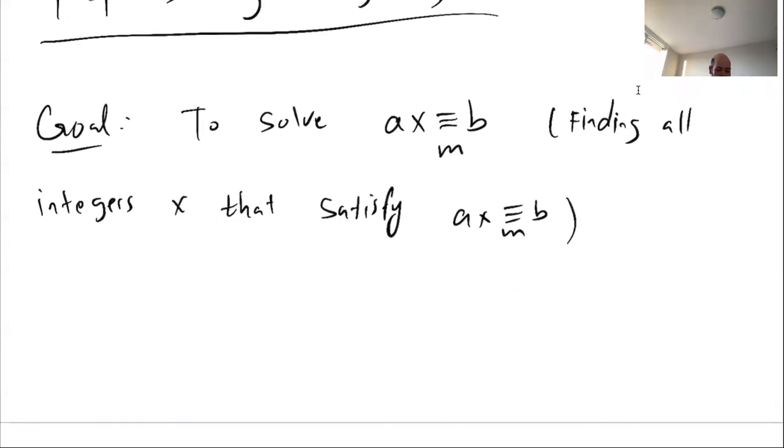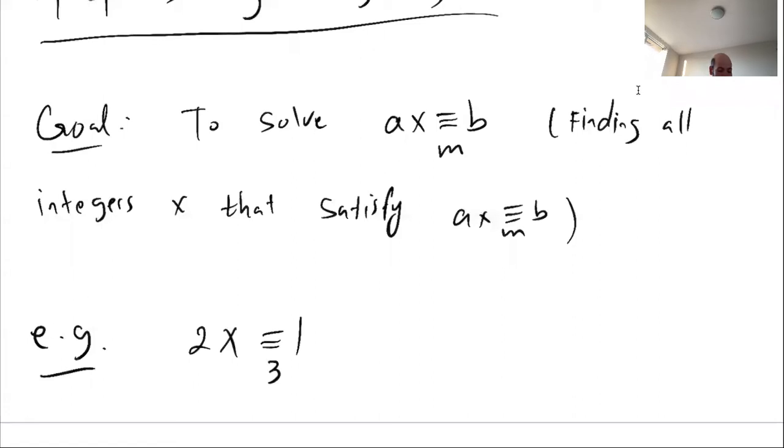Before giving a recipe for how to solve a given congruence, let me give you a simple example. For example, let's say you want 2X congruent to 1 mod 3. What is the solution for this?